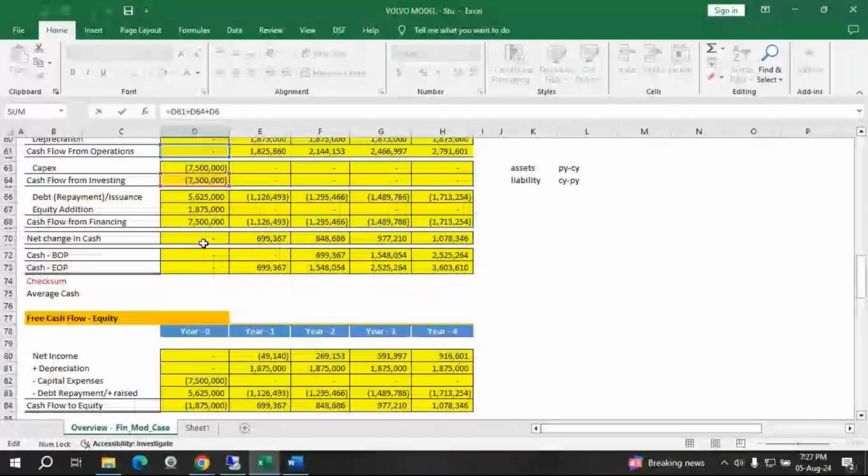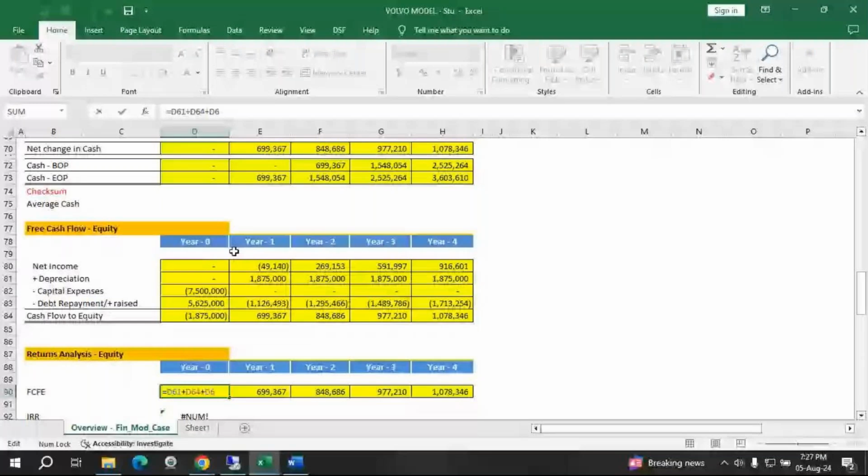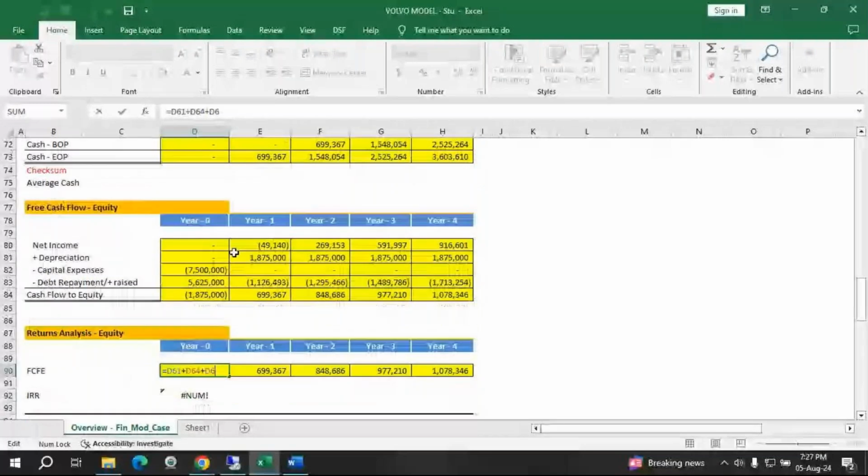Debt repayment. Sorry, this is debt repayment.